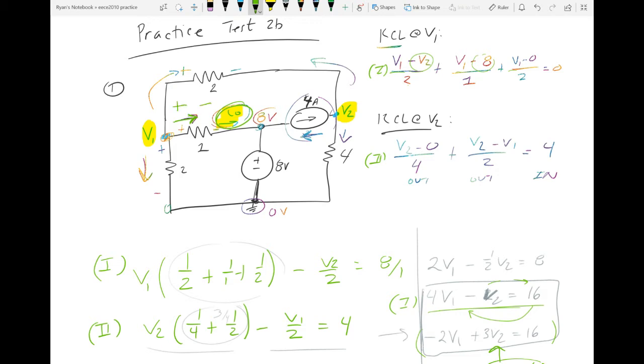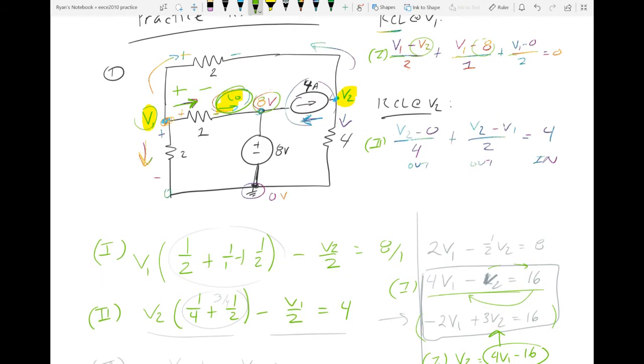The voltage you have there is going to be V1 minus 8. So this is something we could have written at the very beginning. And I definitely write this down if you want partial credit, but I/O is equal to V1 minus 8 over 1. And so you can plug in your V1 and solve for what that is.